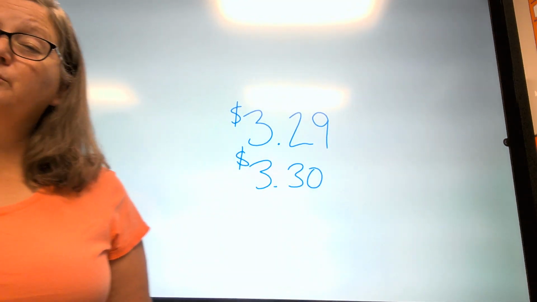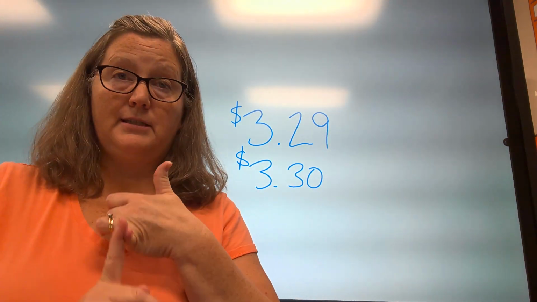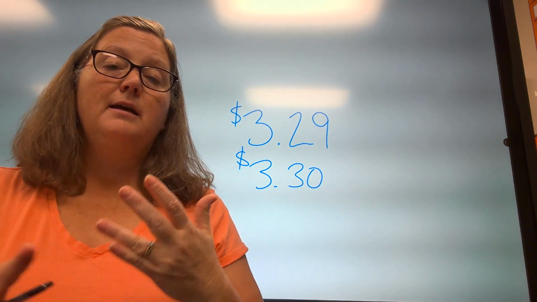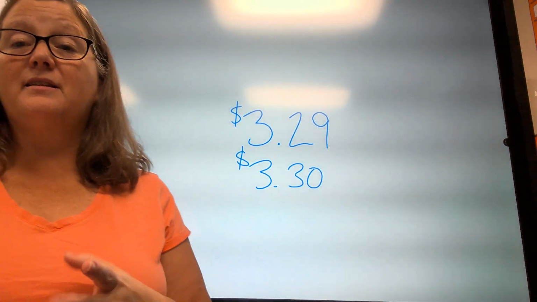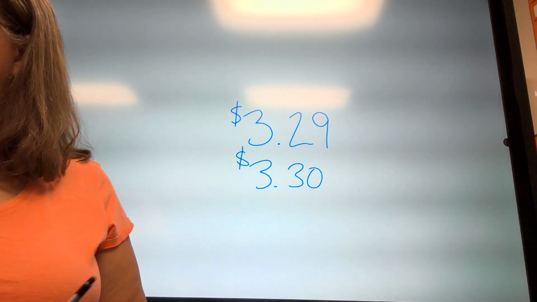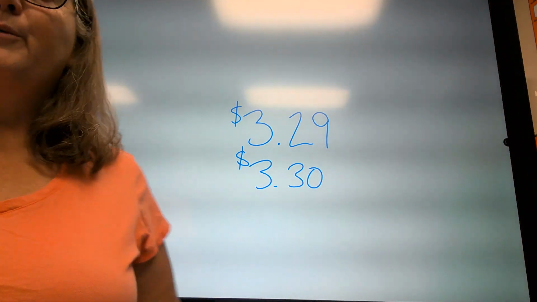So you have to read your problems carefully and see: does it tell me to the nearest 10? Does it tell me compatible numbers? Does it tell me to the nearest dollar? You have to look and see what it is asking you to round to. And then we'll just keep getting more and more mixed up.